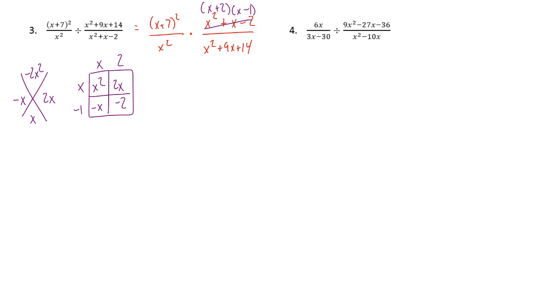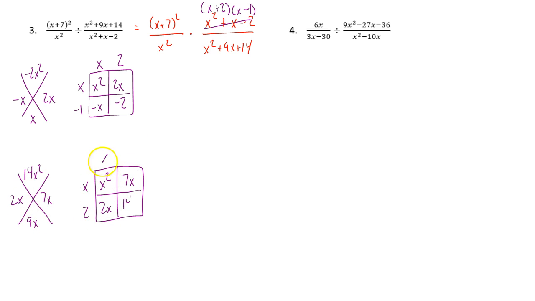Okay, let's work on the other one. Okay, so this factors down to be x plus 7 times x plus 2.